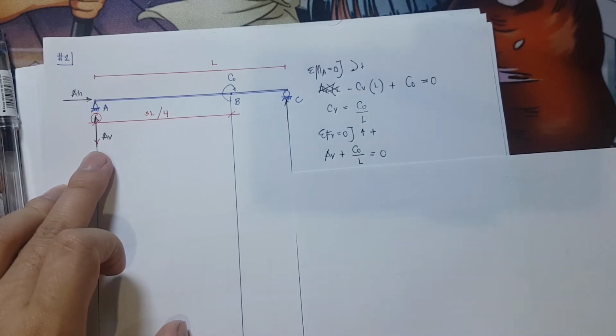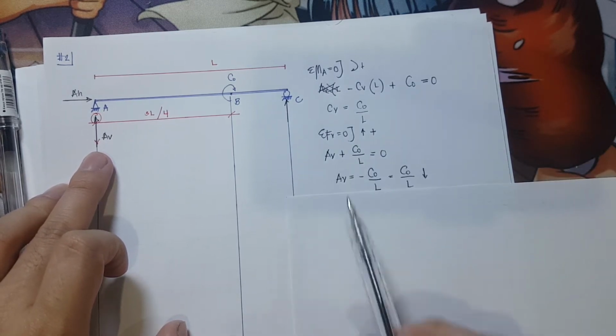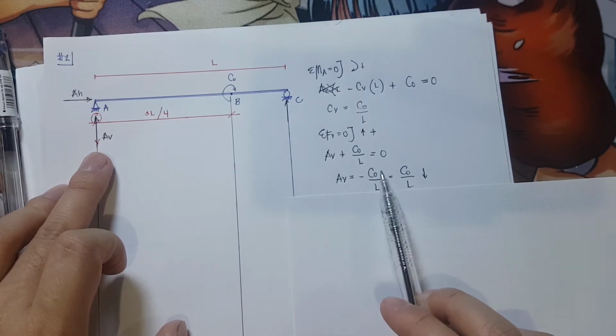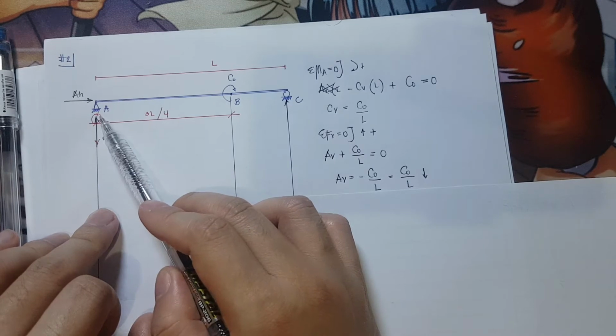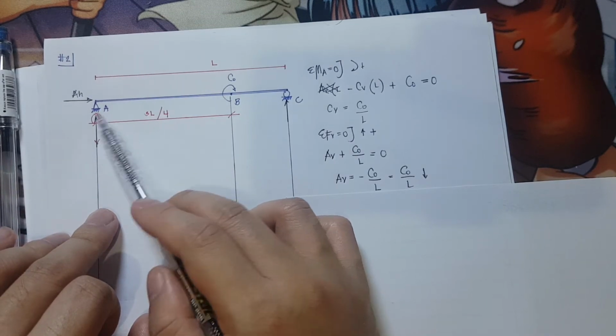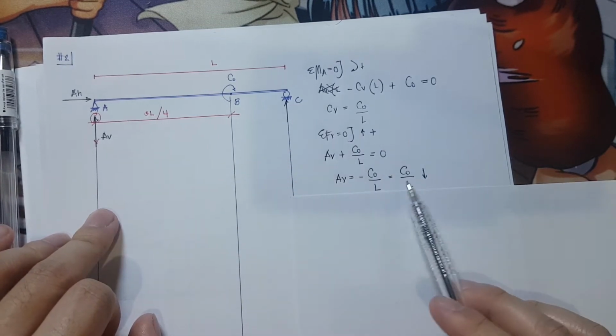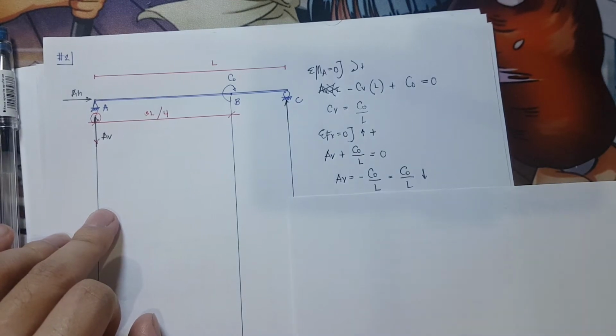Transpose this to the other side of the equation. Therefore, A vertical is equivalent to negative C₀ over L. Therefore, my assumed direction is incorrect. It should be pointing downwards, and C₀ over L is pointing downwards.